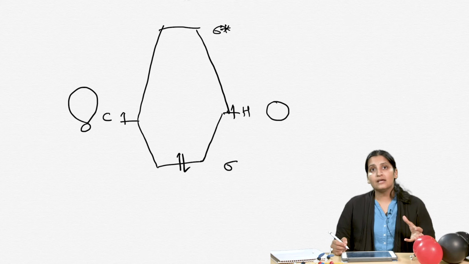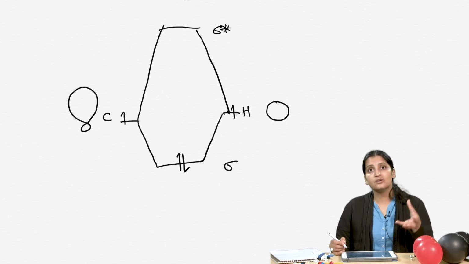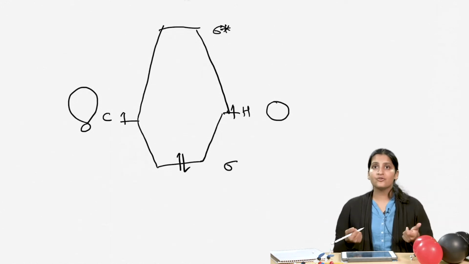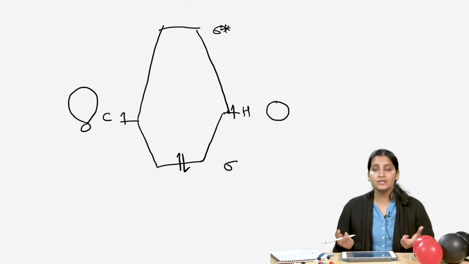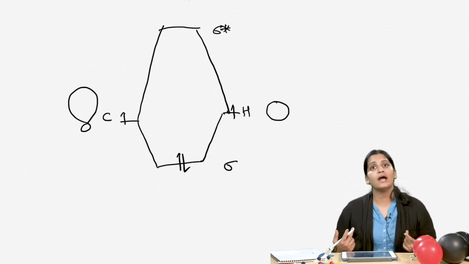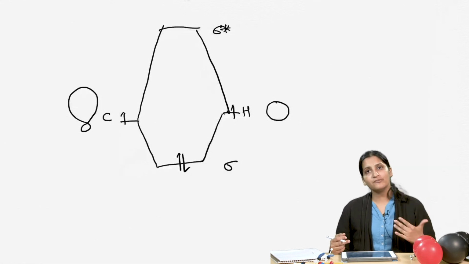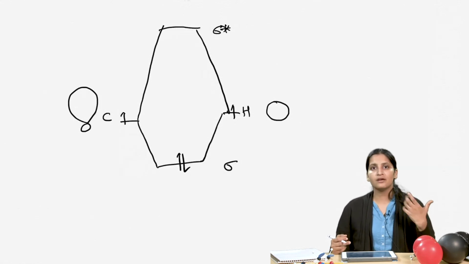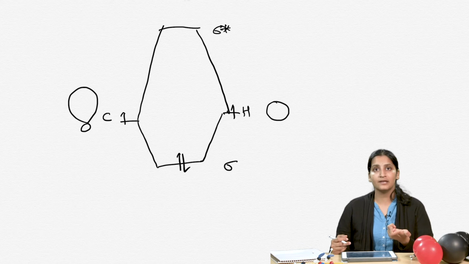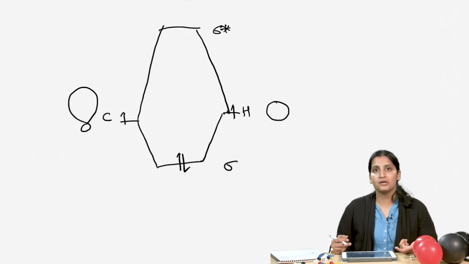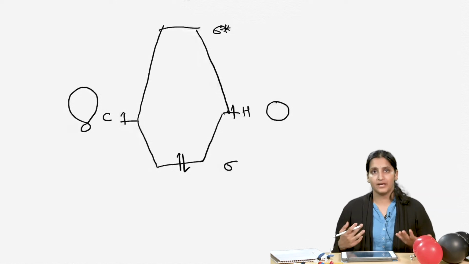And in fact, any time you fill electrons into the antibonding orbital of any bond, that bond breaks. So in order to break this carbon-hydrogen bond, what I would have to do is fill electrons into the antibonding molecular orbital. And in fact, we will look at some of the reactions henceforth, wherein, according to molecular orbital theory, when the antibonding molecular orbital gets filled, the bond breaks.